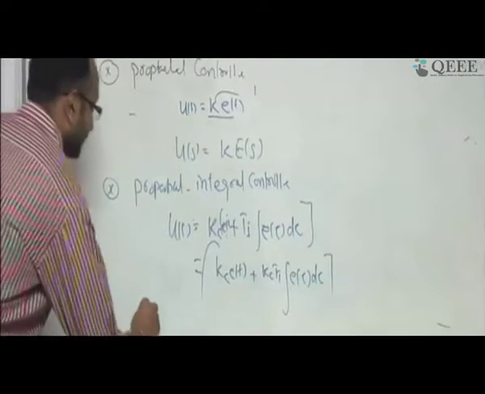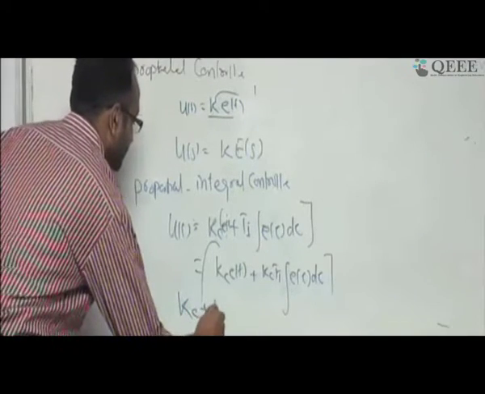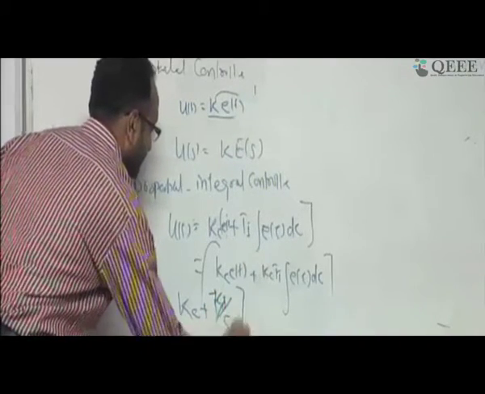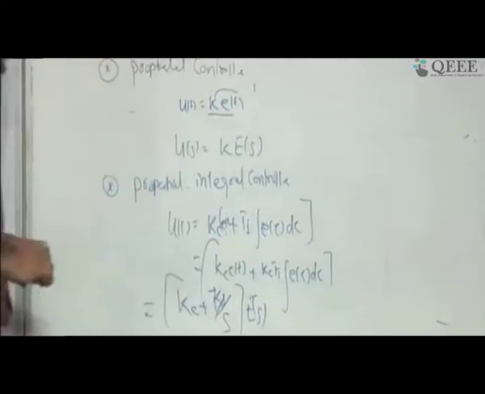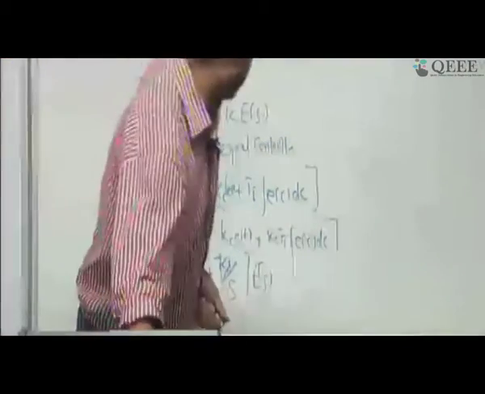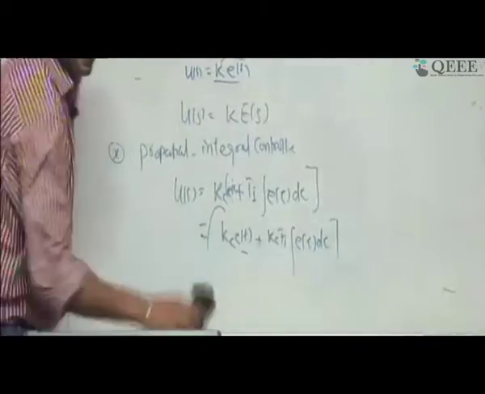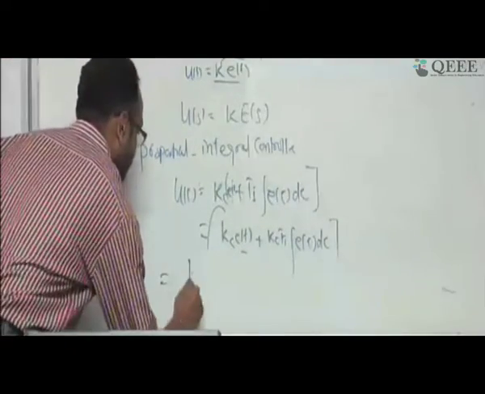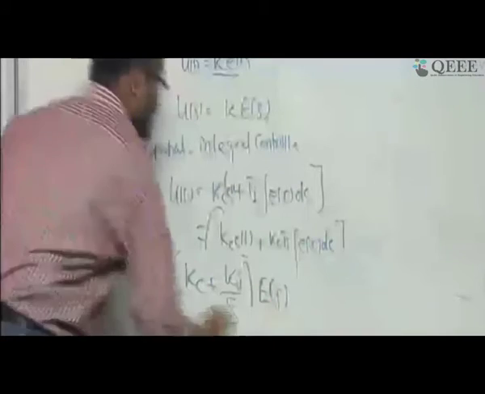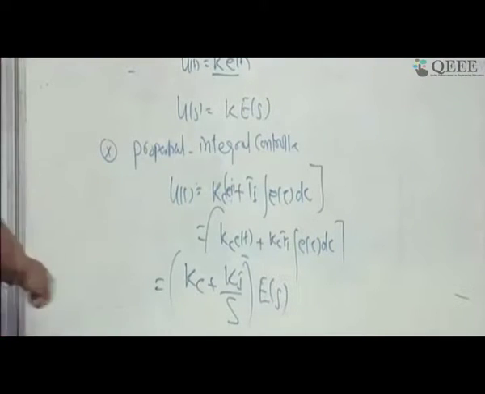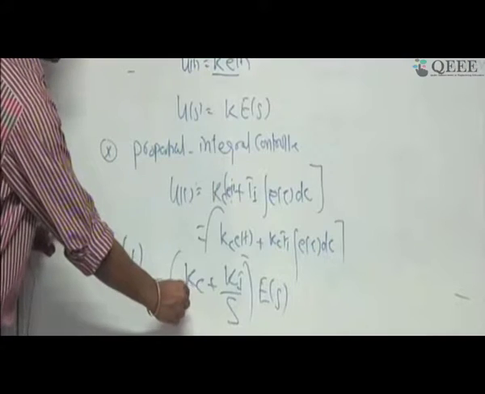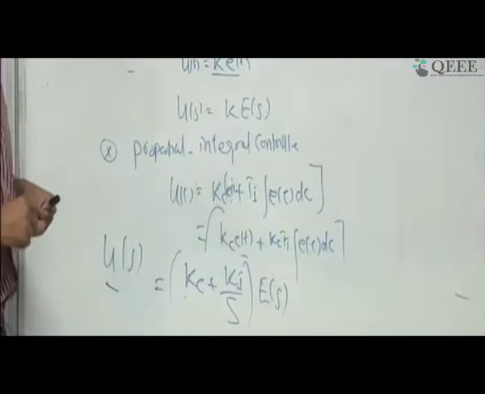If you take the Laplace transform, it is going to be Kc plus Ki by S times E of S, where Ki is the integral constant. Let me define it properly. U of S is Kc plus Ki divided by S times E of S. So the control signal consists of two terms, a proportional term plus an integral term.